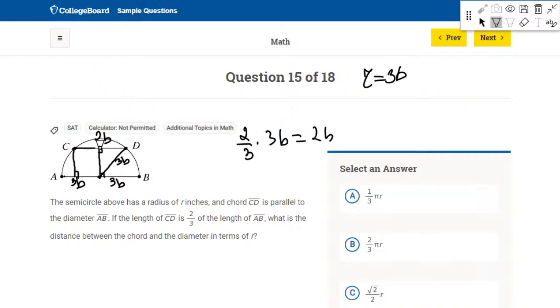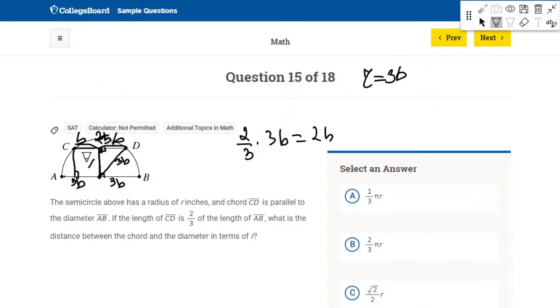And this is dividing it into two equal parts, so this one is going to be b, and this one is also b. And I need to find this. What does it remind me of? It's a right triangle where we need to find one leg with a hypotenuse of 3b.